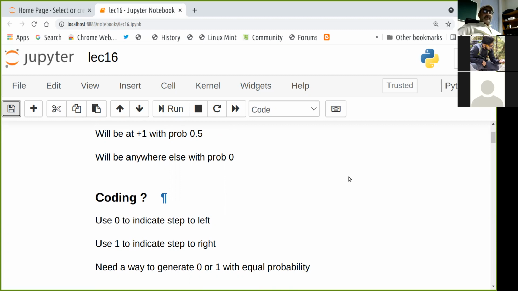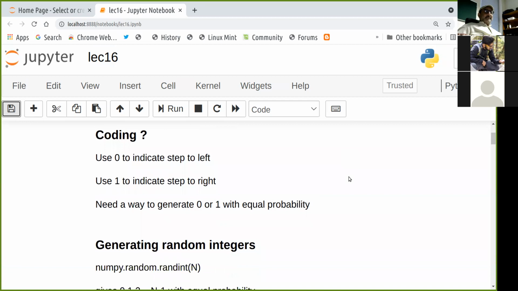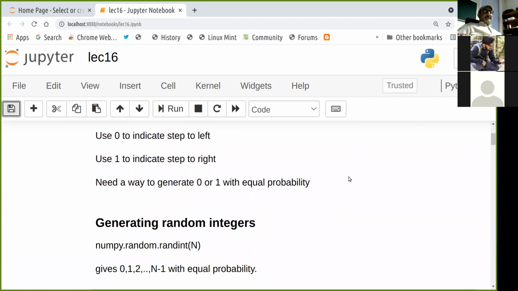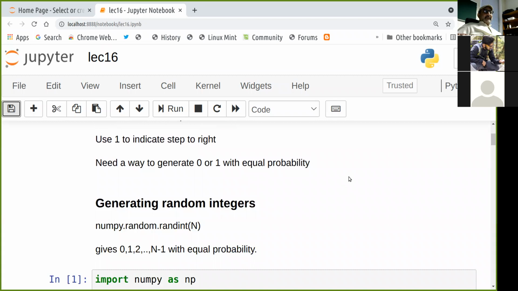So either you have to write some sort of utility within Python, or if I'm lucky, there's one already available. And there we go: numpy.random.randint of n. If you feed capital N into that, it will return a result of 0 or 1 or 2, up to n-1, with equal probability.